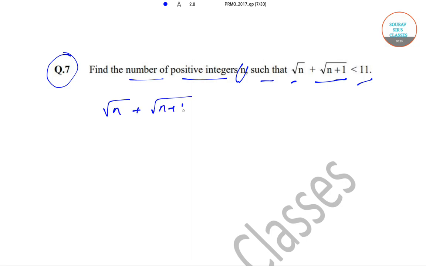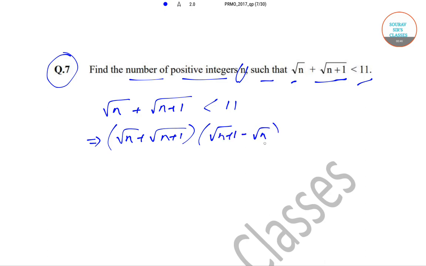Root over n plus root over n plus 1 is less than 11. Now this can be further written down if we multiply root over n plus root over n plus 1 by root over n plus 1 minus root over n, and divide by the same thing in the denominator. So we multiply and divide by the same thing, and this is less than 11.